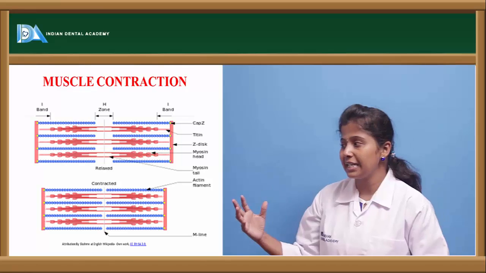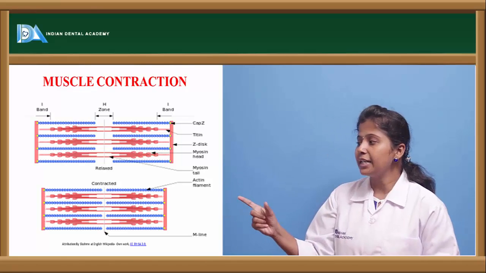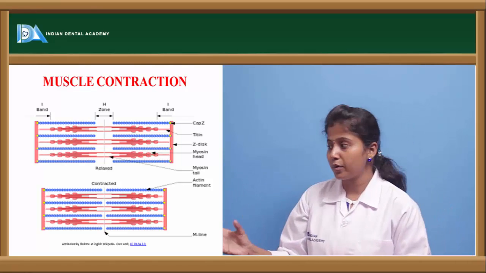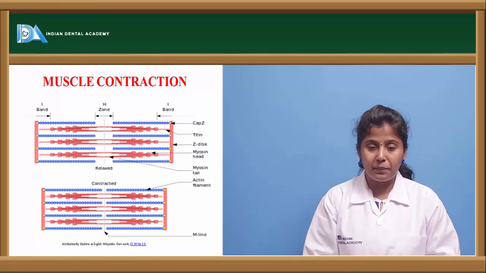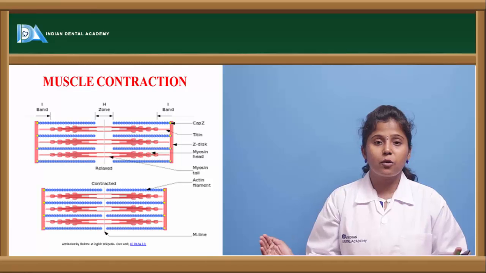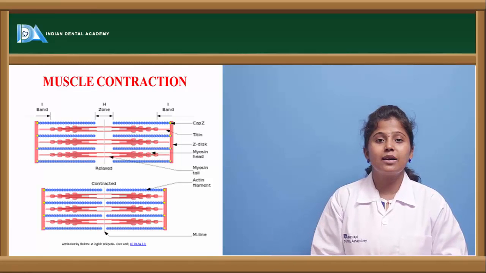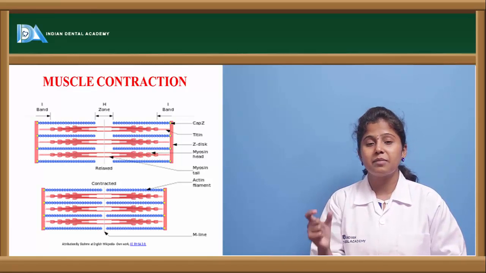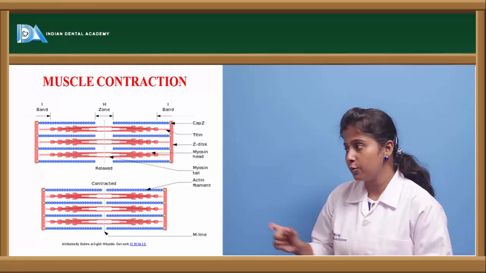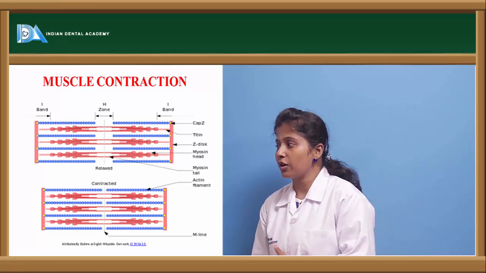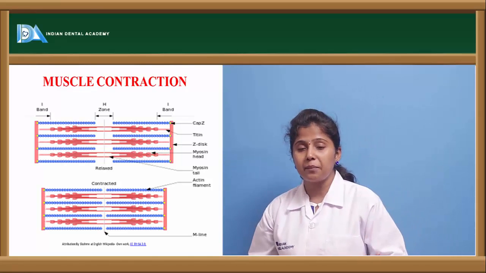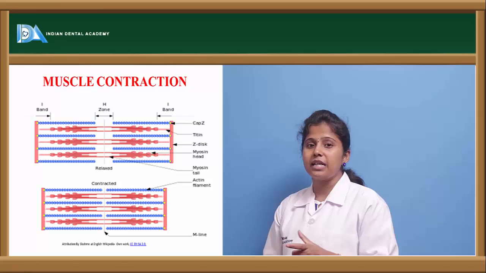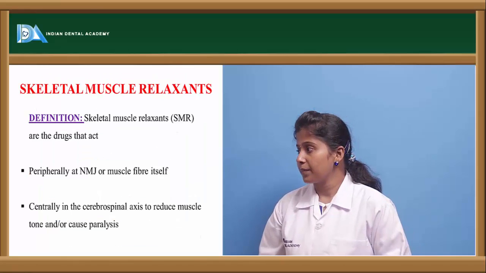In the relaxation state, the H zone is longer or broader, and in the contraction state, the H zone is compressed or narrower.